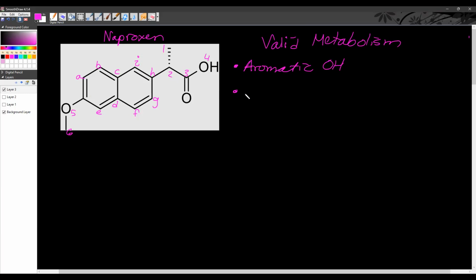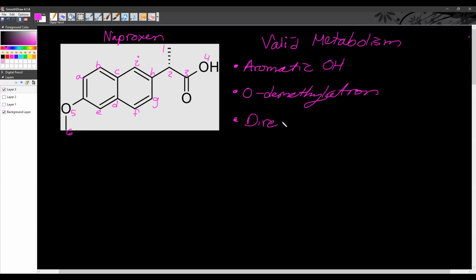I see an O-demethylation. One more. Valid metabolism pathways of naproxen. Dealkylation, yep, through O-demethylation, totally.